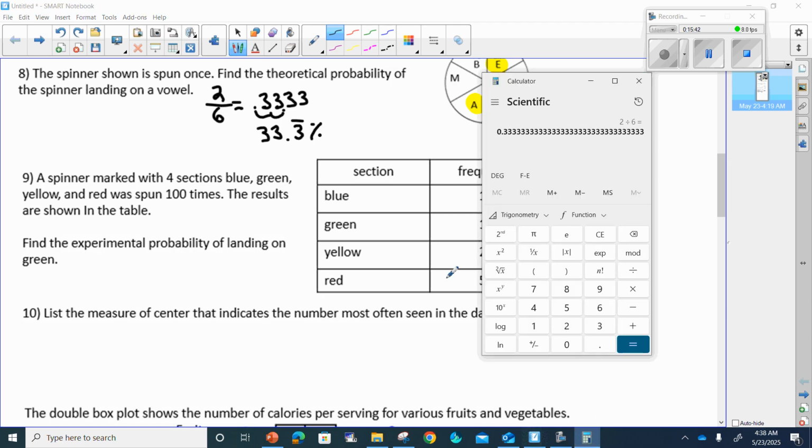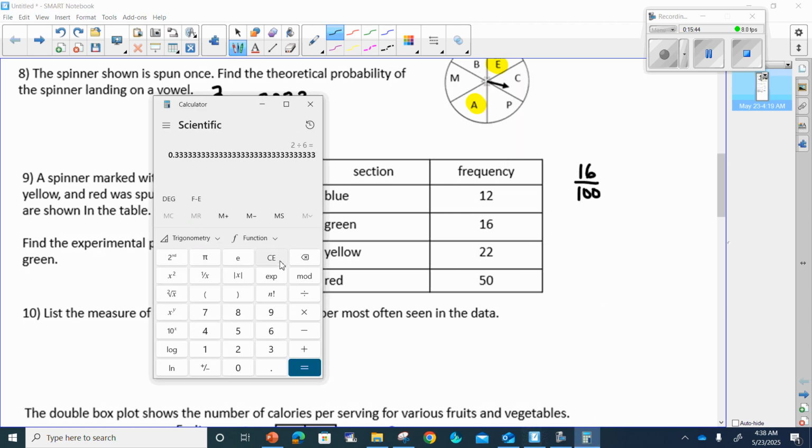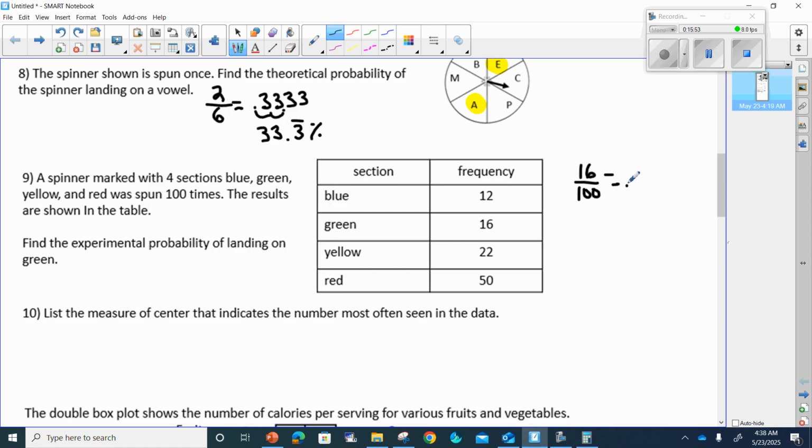Once again, pop this in our calculator. 16 divided by 100 is 0.16. We move the decimal over 2 places to turn it to a percent, and that's 16%.